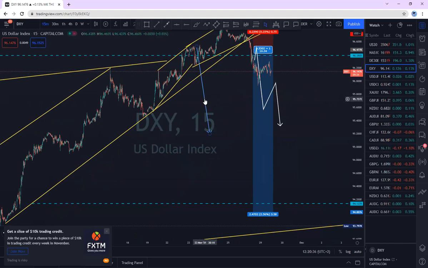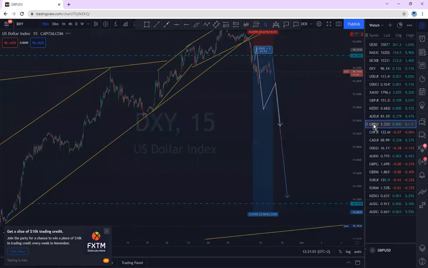I'm not more of a correlation trader, but I just noticed that when the dollar index goes down, GbpUsd goes up. Where's GbpUsd? I think I gave out a signal on GbpUsd, a buy.